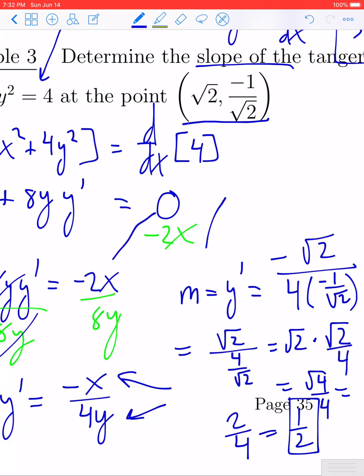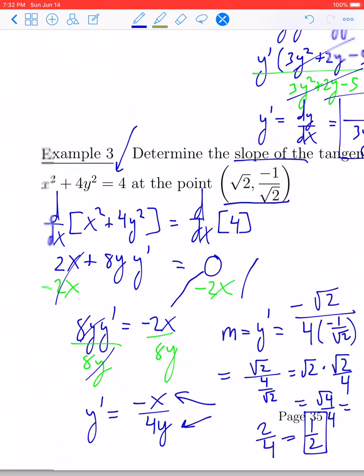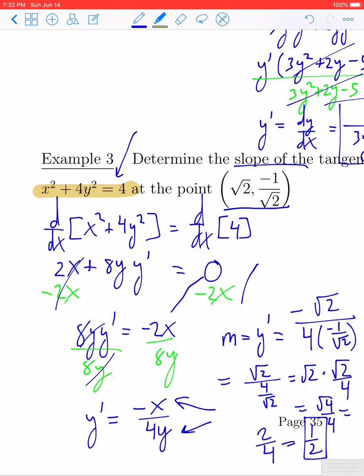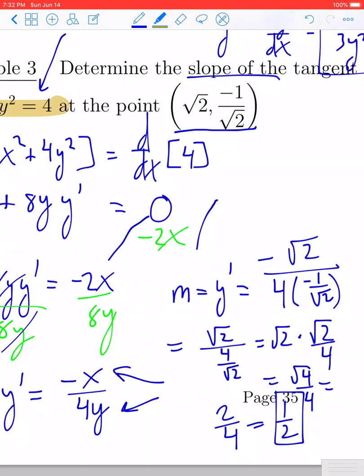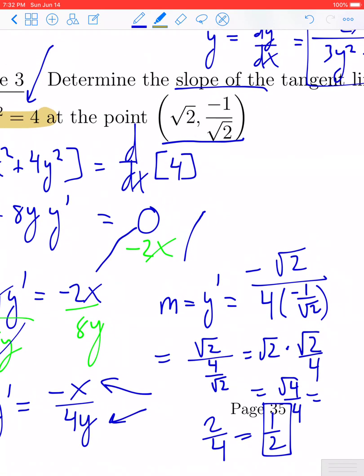So for the curve, or the function that's implicitly defined by this equation, the slope of its tangent line, i.e. the slope of the curve, at the point radical 2 comma negative 1 over radical 2, would have a value of 1/2.